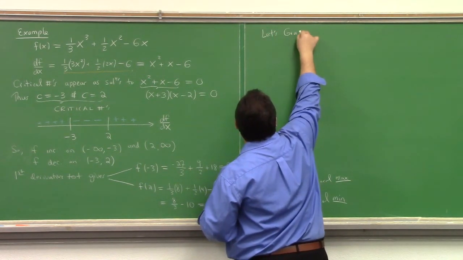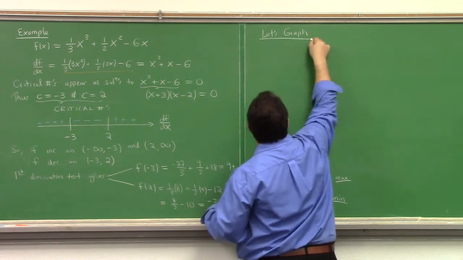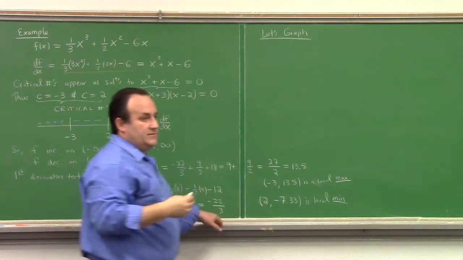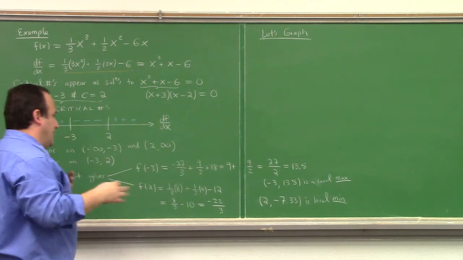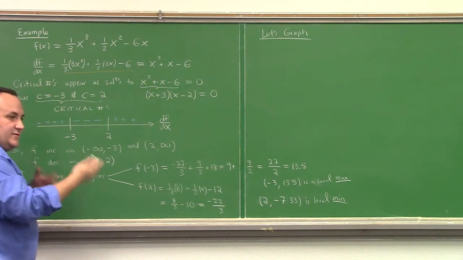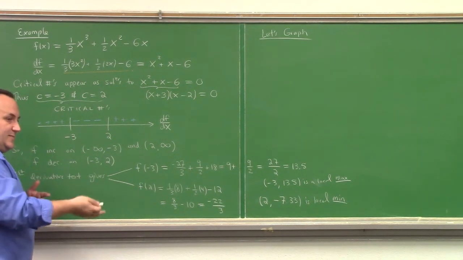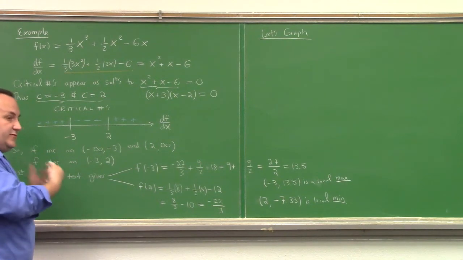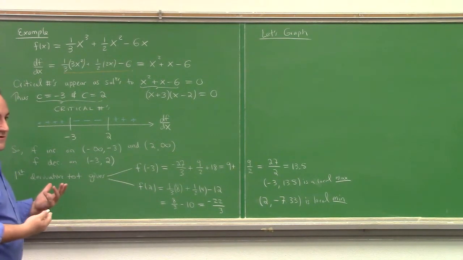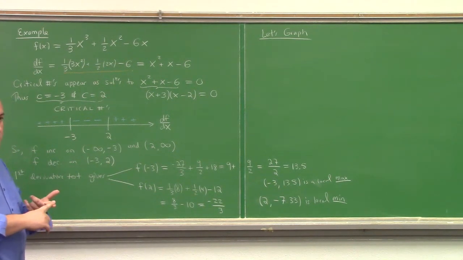Can you guys tell me, what else do we do graphically? There's something we can do beyond just calculus. We know where it's increasing, where it's decreasing, local min, local max, great. But we can also do precalculus, which is to say, find x-intercepts if you can, and find y-intercepts if they're not too much trouble.